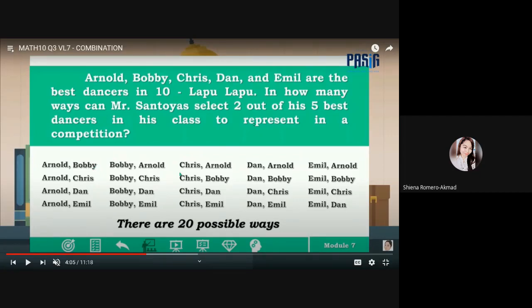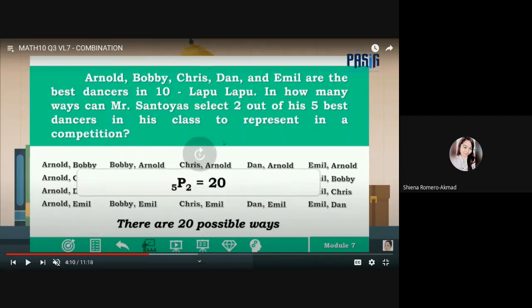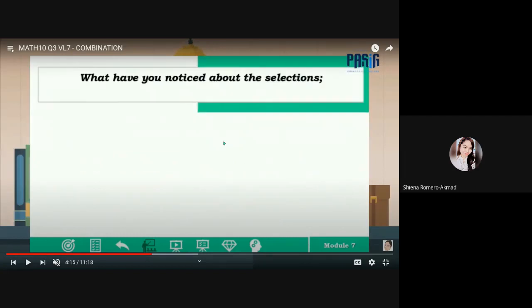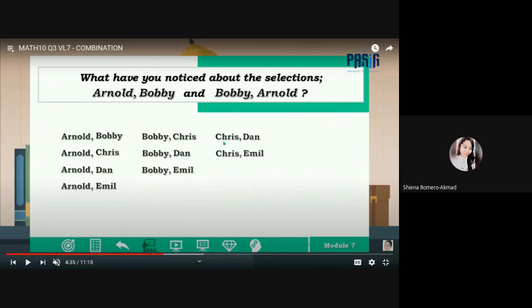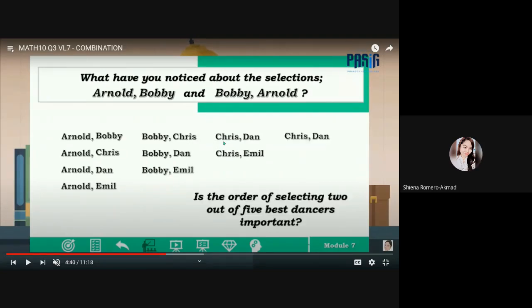Pareho silang dalawa that will represent the section whether nauna si Bobby or si Arnold, and like the other arrangements. So mapapansin nyo, pag inalis natin yung mga arrangements na nagkakapare-pareho, pareho lang din. Ito, malito ha. It is Emil Dan. Emil tsaka Dan to.